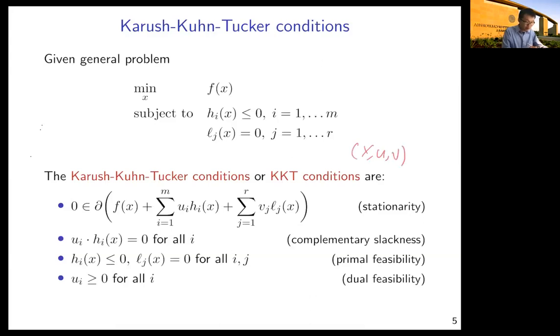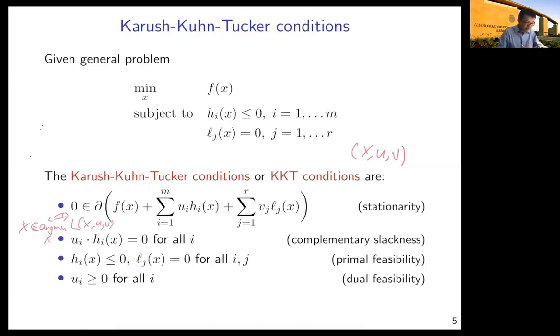Okay, so this is a condition that's equivalent to saying that X is in the argmin of the Lagrangian, given by these input points U and V.